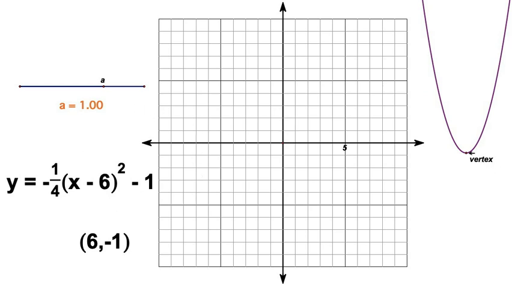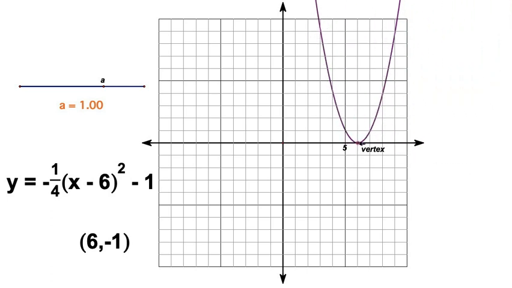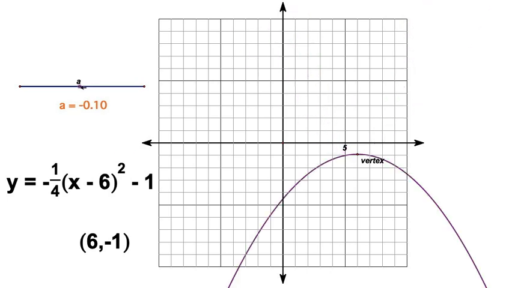Now, 6, -1, if I move the vertex, this is 5, this is 6, there's -1. Yeah, it would appear to have a pair of intercepts if the coefficient were indeed 1, but it's not. It's negative something. Uh-oh, -0.2.